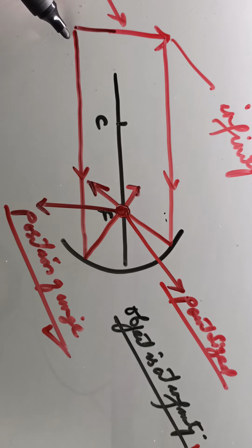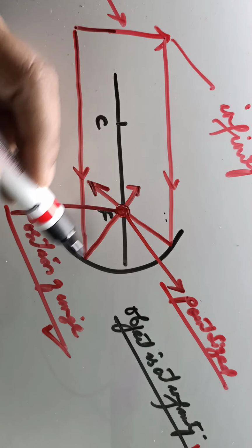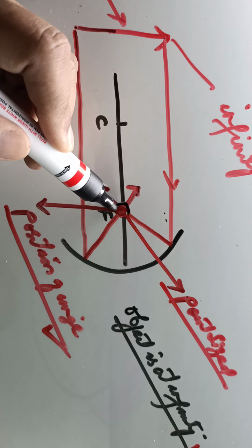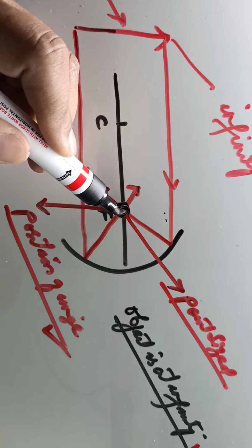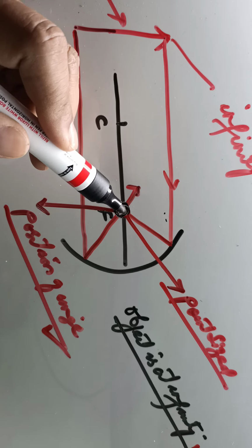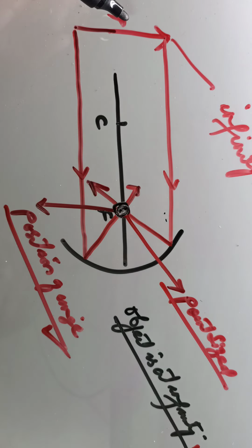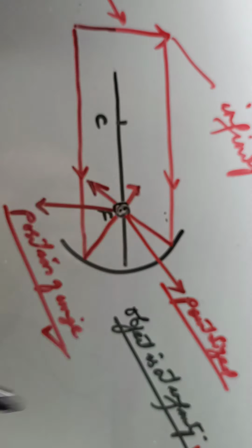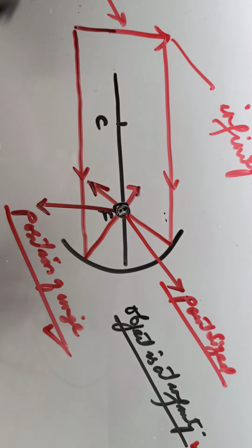Once again, another ray of light travels parallel and passes through the focus. So the point is on the focus. That means the image of the object at infinity is formed on the focus. It's a point size image. We also call it highly diminished, very small. And it's our natural observation that if we look at an object which is very far away from us, it just appears as a point source of light.